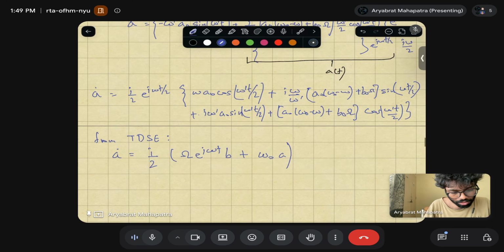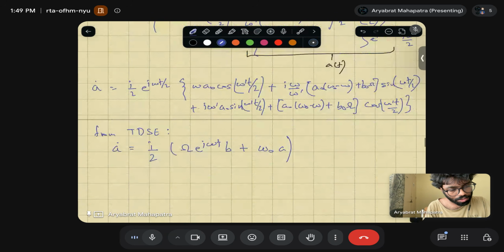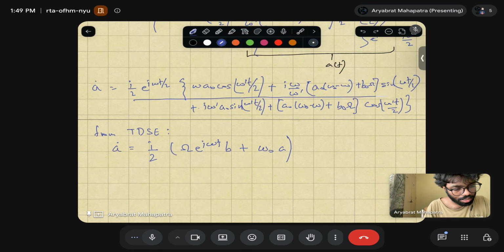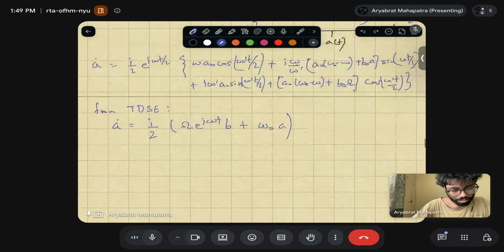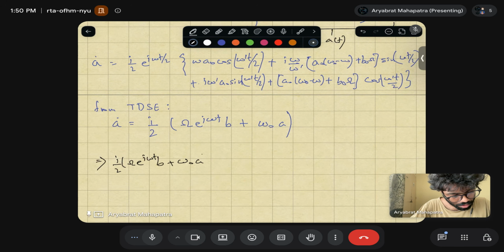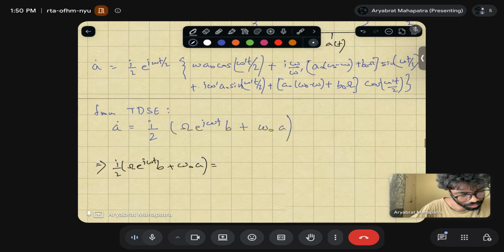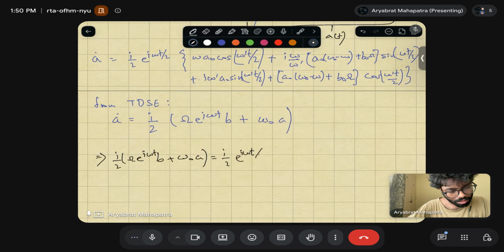So now, if this is from the Schrodinger equation, then this should be equal to the one which we have found, this long expression here. So we can now write i by 2 omega, plus omega naught a, equal to this whole thing.